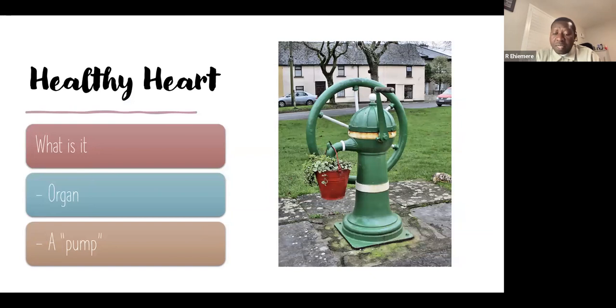At the level of science, it is an organ. When you're talking about the heart, describing what it is by itself can comprise a book. But at the level of organization, when you look at things such as a cell, a tissue, the heart is an organ.